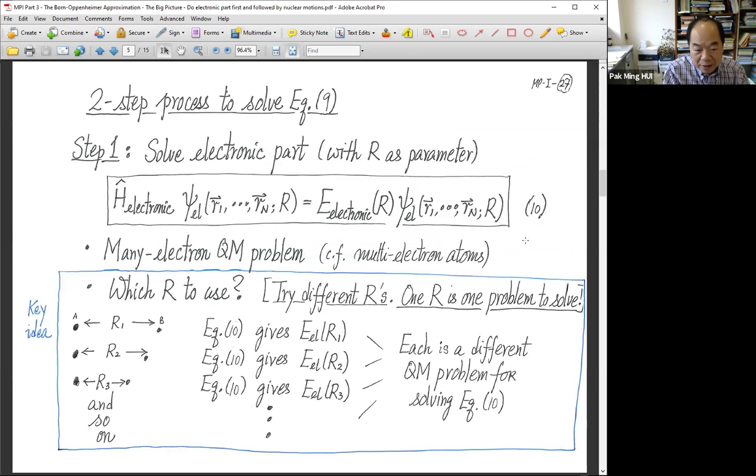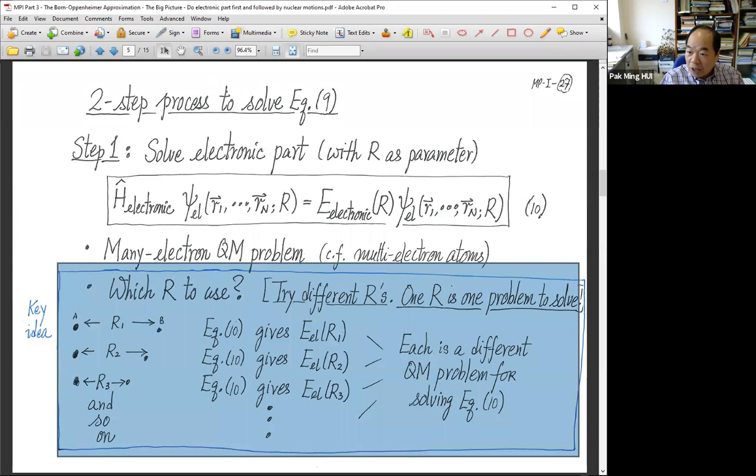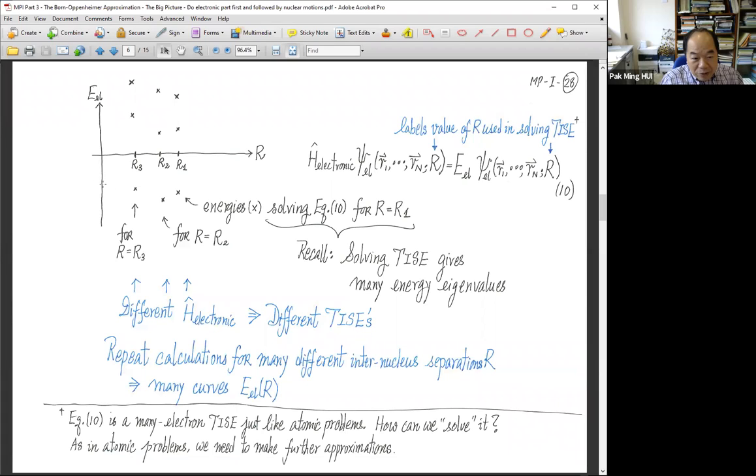So let me represent it in this picture, okay? You try R1, a problem. You try R2, another problem. You try R3, another problem. So what is the consequence? You try R1, the electron problem gives you many eigenvalues.